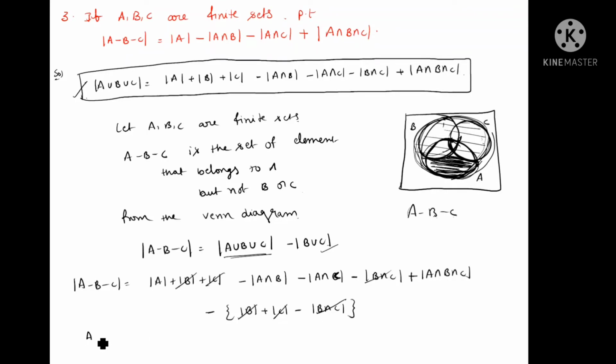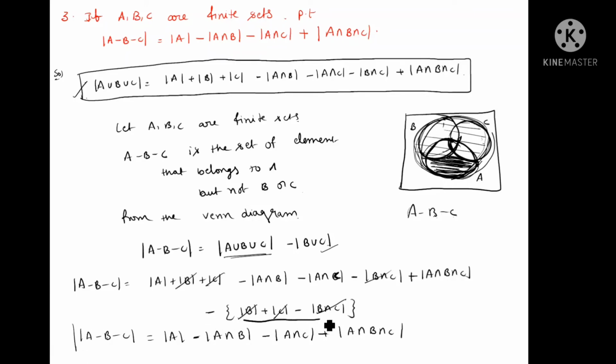So what you get? Mod A minus B minus C equals mod A minus mod A intersection B minus mod A intersection C plus mod A intersection B intersection C. I hope everyone understood.